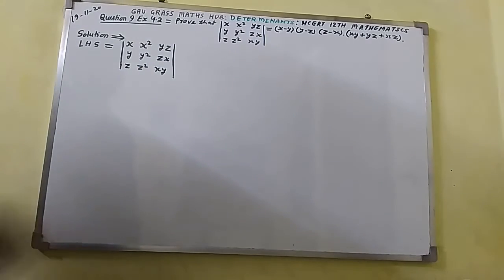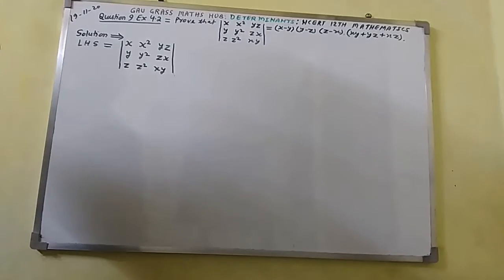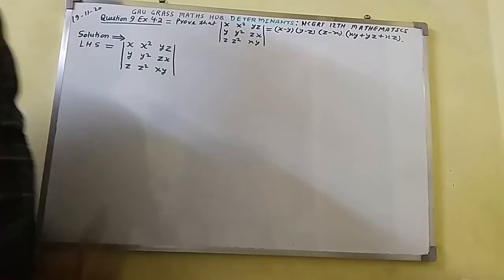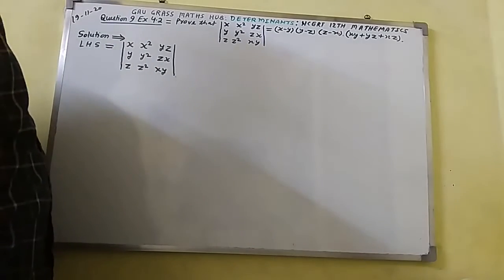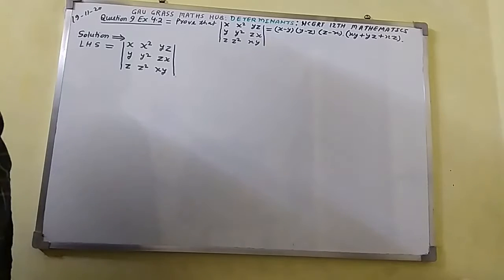This is the question I am going to discuss here. Let us see. Here you can see in the first row x, x square, yz is there. In the second row the elements are y, y square, zx. In the third row the elements are z, z square, xy.